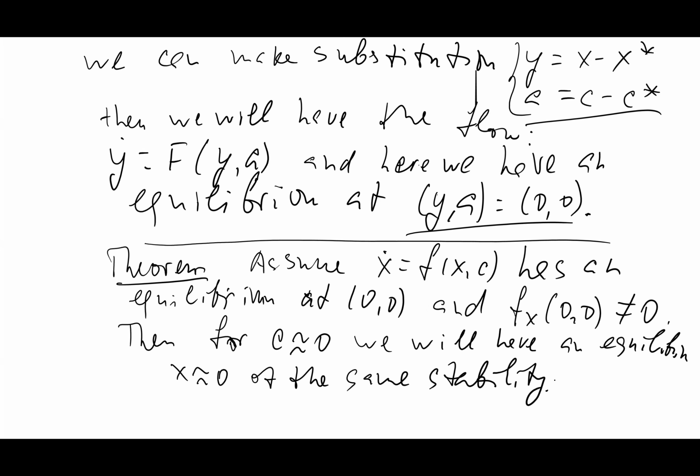It means that if c is slightly changed, our equilibrium will also slightly change, but its stability is not going to change. This is easy to prove using a first order approximation of the function f of x, c.